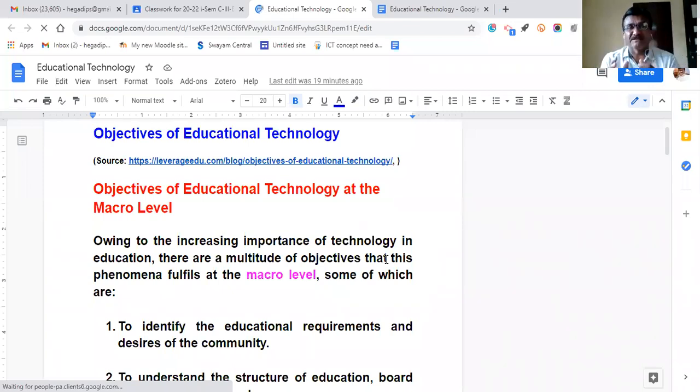Multitude of the objectives means here this various spectrum of the objectives will be considered as the importance of technology goes on increasing. So we are going to modify all the objectives at the central level too. Say for example, the National Education Policy 2020 was put forth last year.